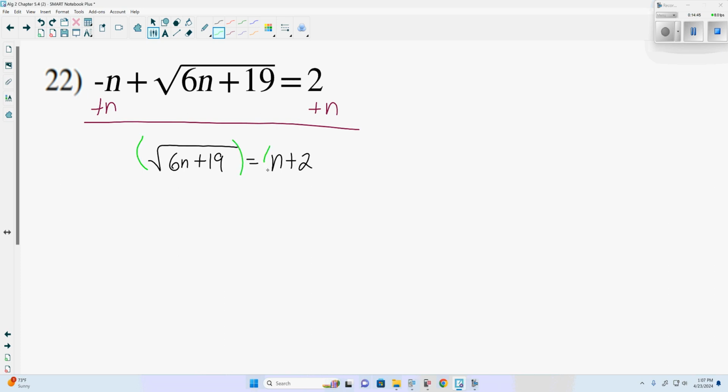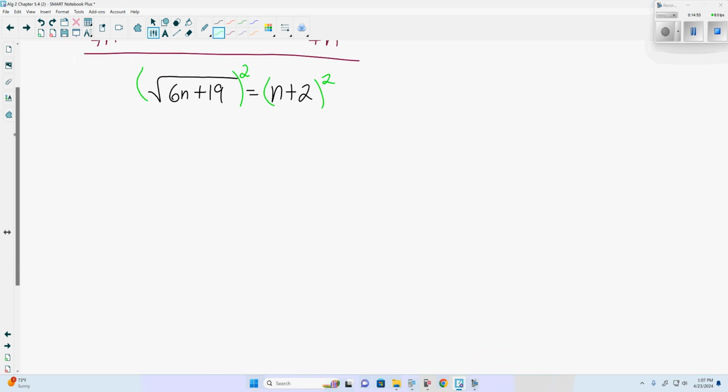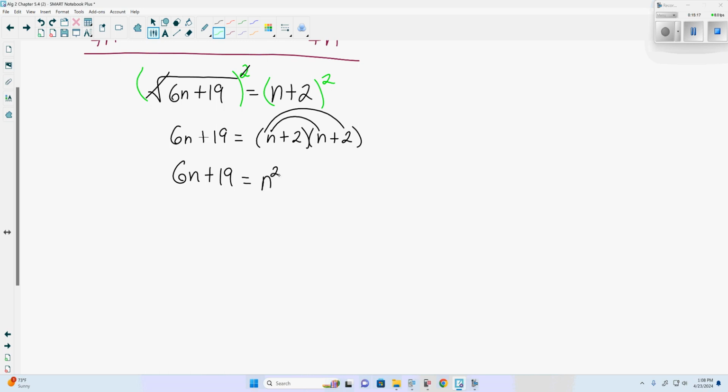So we're going to put both sides to the nth power, and our nth power is 2. So on the left-hand side, our radical and squared cancel, giving us 6n plus 19 is equal to n plus 2 times n plus 2. We can distribute with our n plus 2 and n plus 2. n times n is n squared. n times 2 is plus 2n.